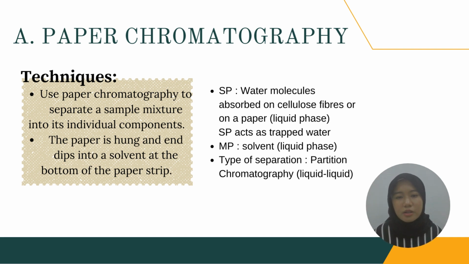The stationary phase is water molecules absorbed on cellulose fibers of the paper, acting as trapped water, and the mobile phase is the solvent or the liquid phase. So the type of separation is partition chromatography, or liquid to liquid.